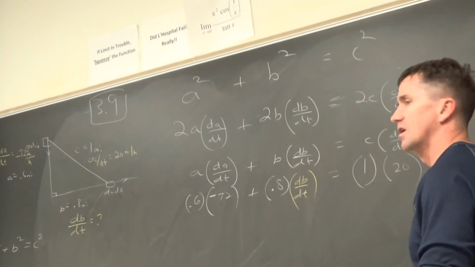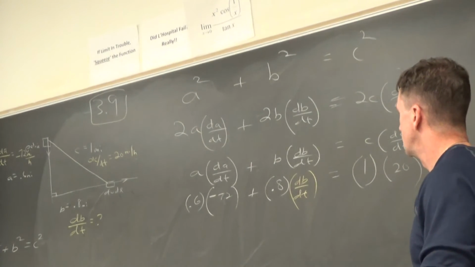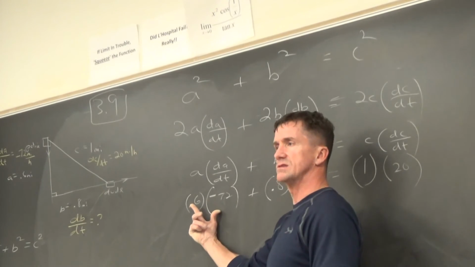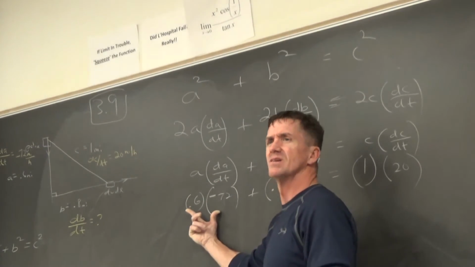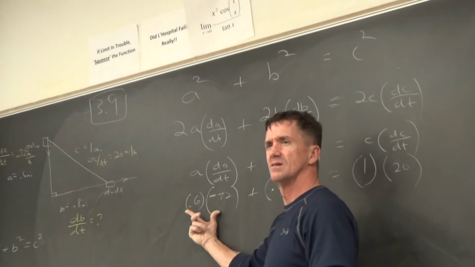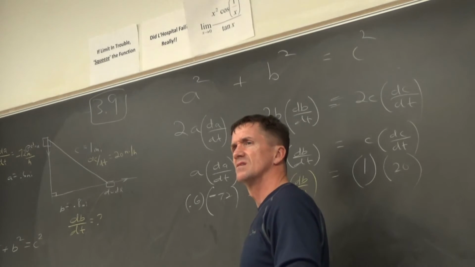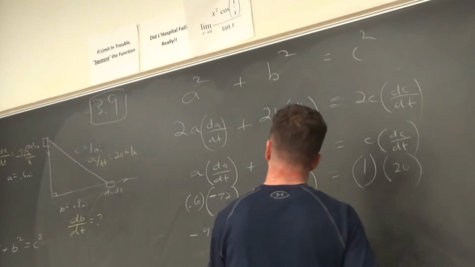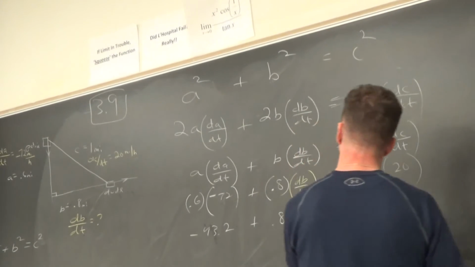Now, how do you algebraically solve for dB/dt? You have to take the 0.6 times negative 72, add it to both sides with 20, and then divide by 0.8. Whatever that number is, it's negative. We'll add it on both sides. Do you want to see what it is real quick? 0.6 times 72 is 43.2, so negative 43.2 plus 0.8 times dB/dt equals 20.